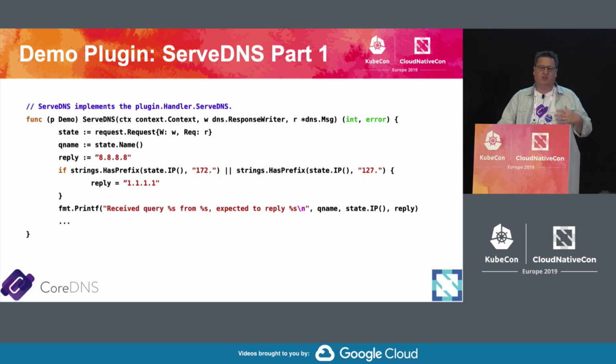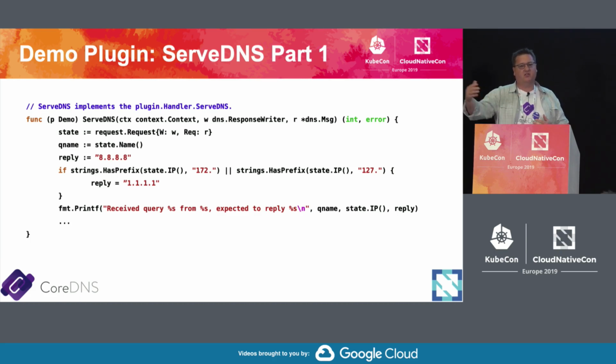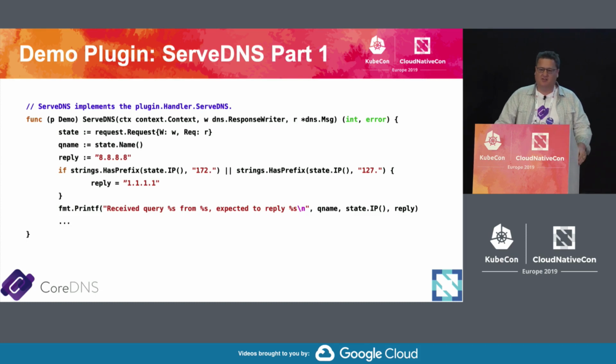For example, we have something called a non-writer response writer, so that one plugin can wrap that response writer when they call the next one, and then any of those downstream ones, when they write the packet, it just gets stored in memory. The one that wrapped it can then unwrap it and play with it and do what it wants and send it back to the client.